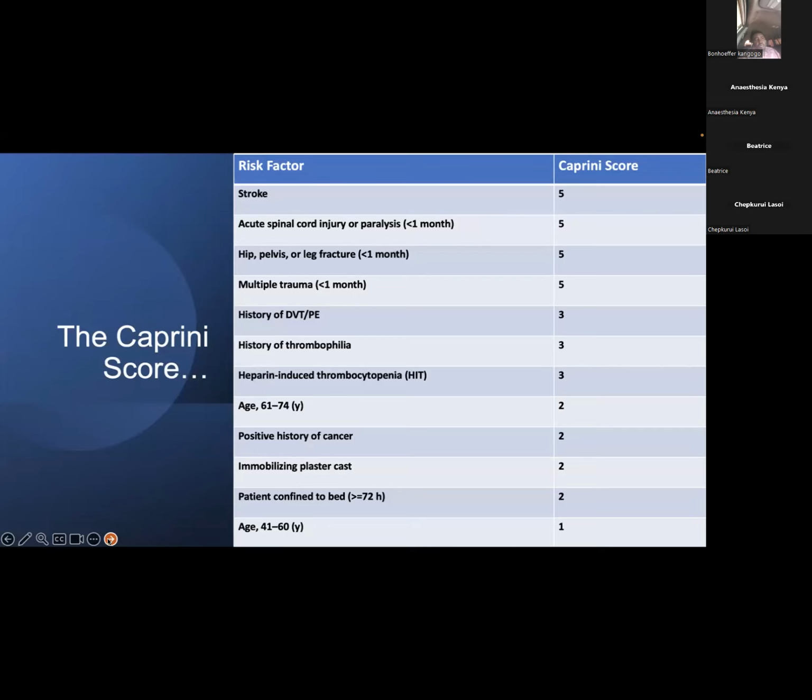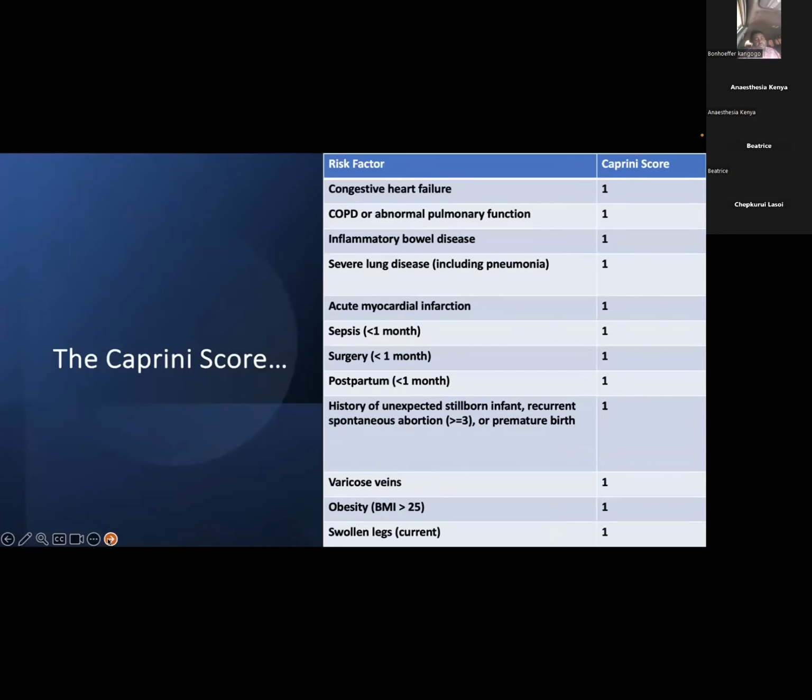Age between 41 and 60 years, you give a 1, so that's very low risk. Congestive heart failure, 1. COPD or abnormal pulmonary function, 1. Inflammatory bowel disease, 1. Severe lung disease, 1. Acute myocardial infarction, 1. Sepsis, 1.